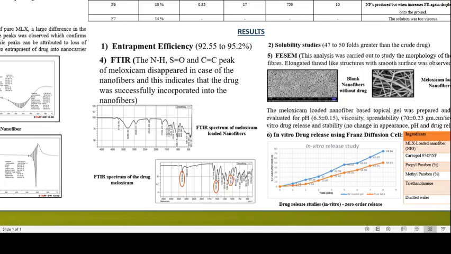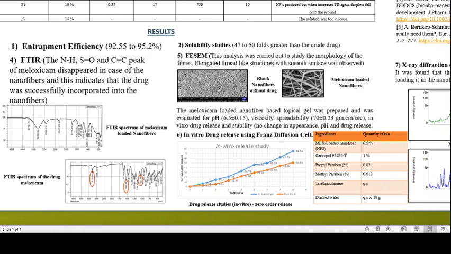These stretches disappeared when it was loaded into the nanofibers, and this indicates that meloxicam was successfully incorporated into the hydroxypropyl beta cyclodextrin nanofibers containing polyvinyl alcohol. It was also tested for its solubility, and it was found to have 47 to 50 fold greater solubility as compared to that of meloxicam.